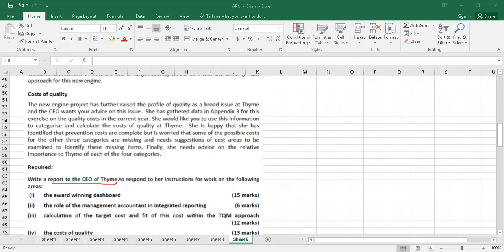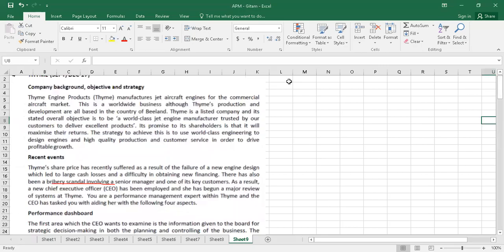The first requirement is to write a report to the CEO of Time. So what's the format we have to follow whenever a report is written? We have to address it as requirement A, to the CEO, Time Engine Products.